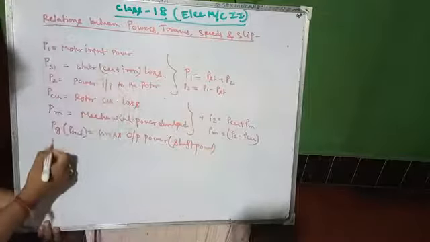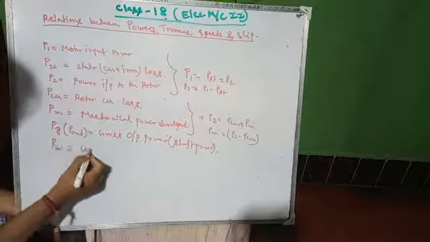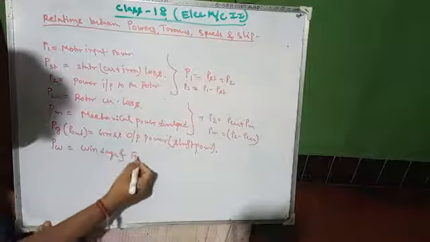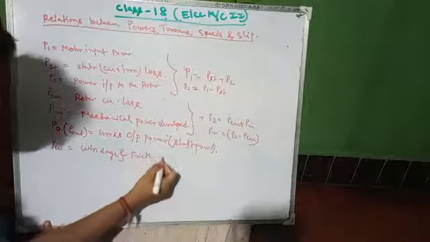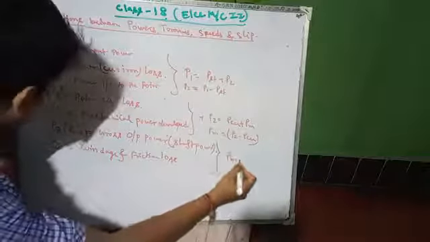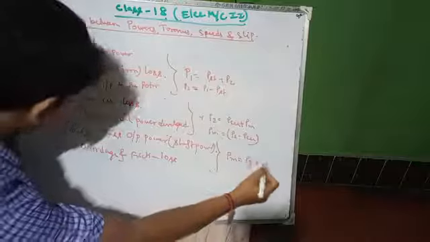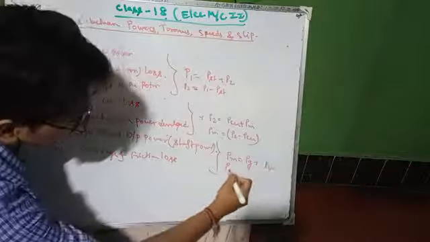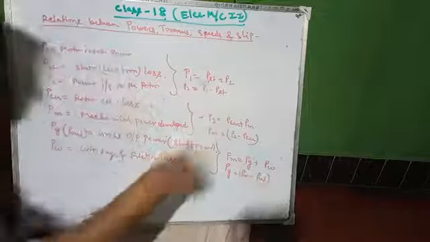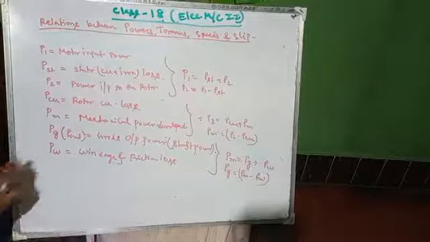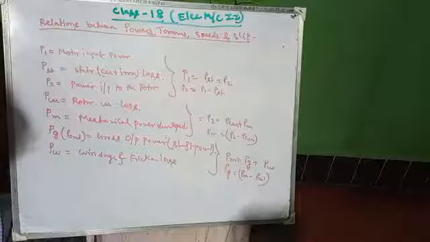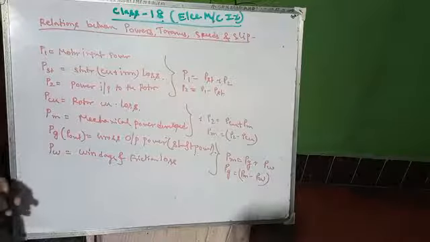And PW, that is windage and friction loss. From these two concepts you can write PM equals PG plus PW, that is PG equals PM minus PW. These three power relations, you have to first remember them. Then I will move into the torque versus power relation.